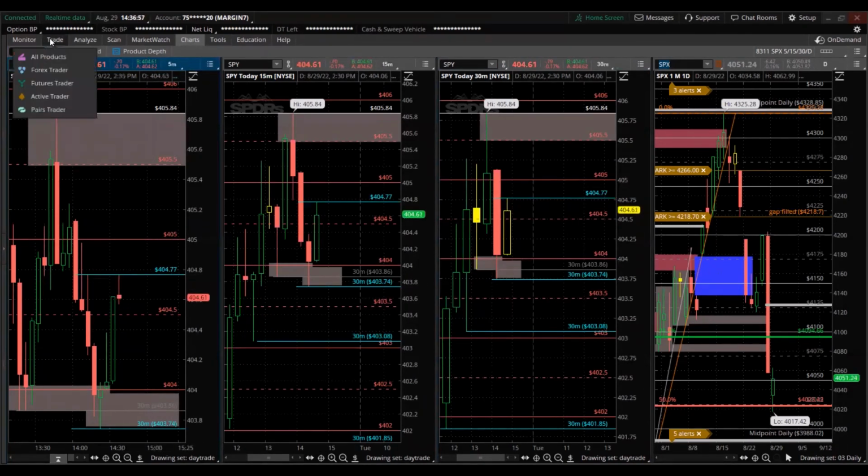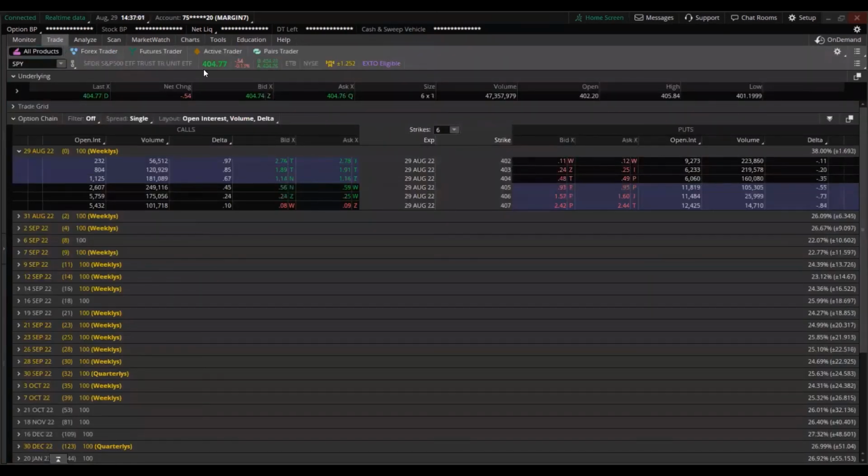Let's say you're bearish right now. The nearest strike would be 405. If you're bearish on the chart and use the strike nearest that, which would be 405, you'd be buying the put at 87.